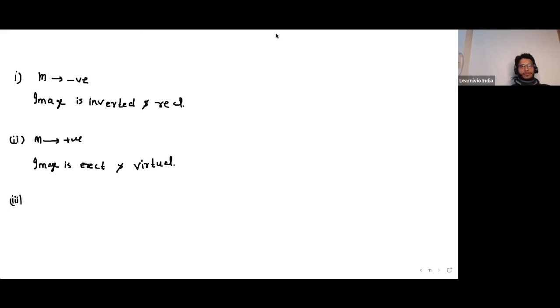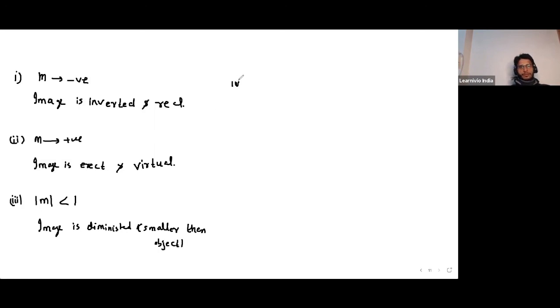Third one, if the modulus of your magnification is less than 1, then your image is diminished, smaller than the object.